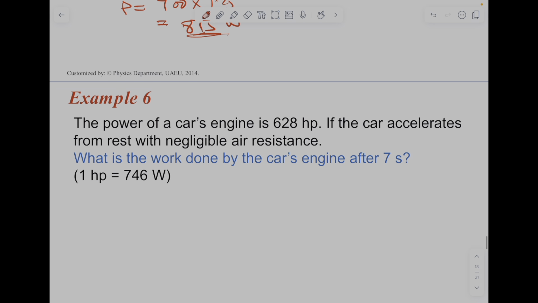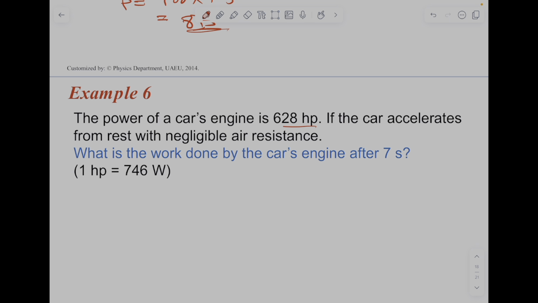The power of a car engine is this. If the car accelerates from rest with negligible air resistance, what is the work done by the car engine after 7 seconds?